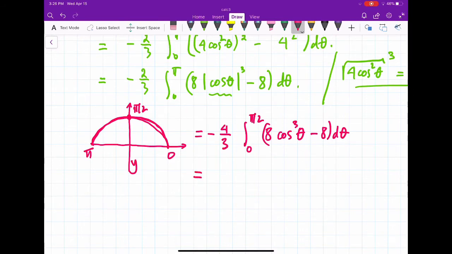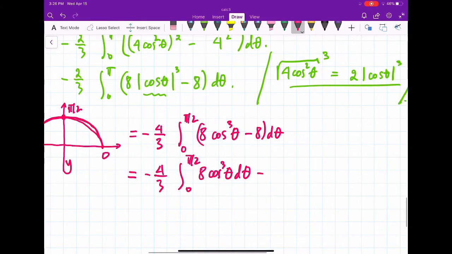Alright, so we have negative 4 thirds integral from 0 to pi over 2 of 8 cosine cubed theta d theta, plus 32 over 3 integral from 0 to pi over 2 d theta.